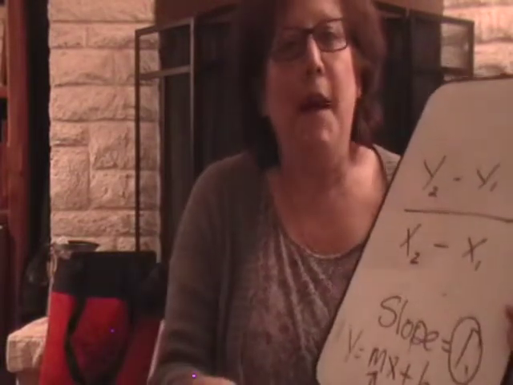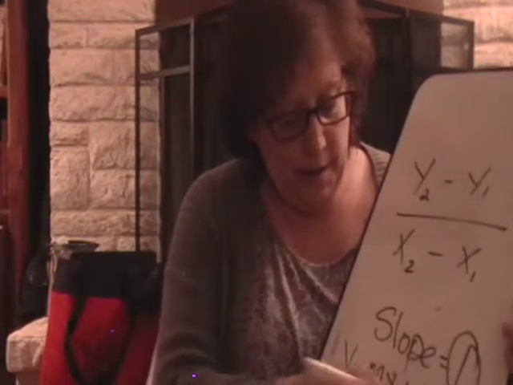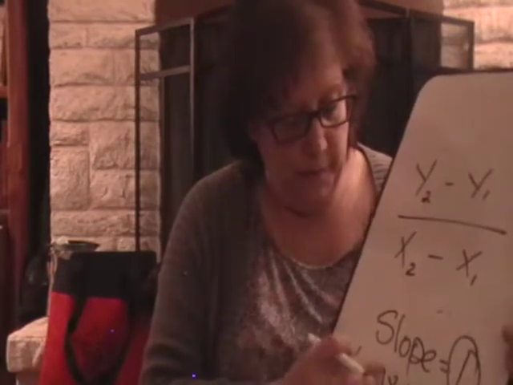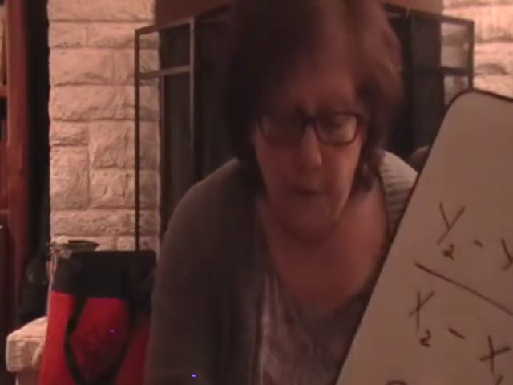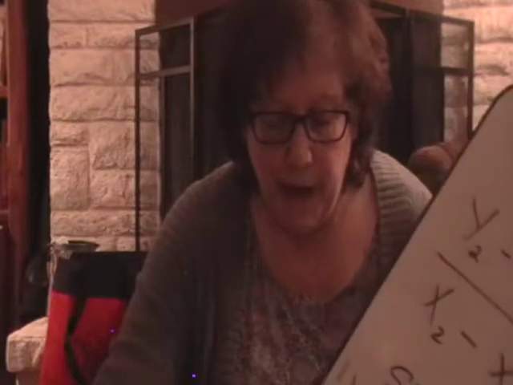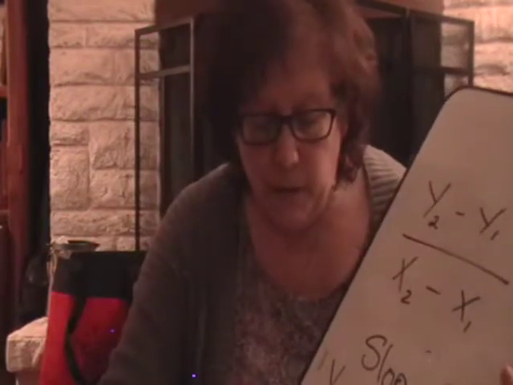It's pretty easy to find in that first equation. The y-intercept is 1, and we know that the slope is 1, and so now I have the equation for that first line. But I have to do the same thing for the second one.